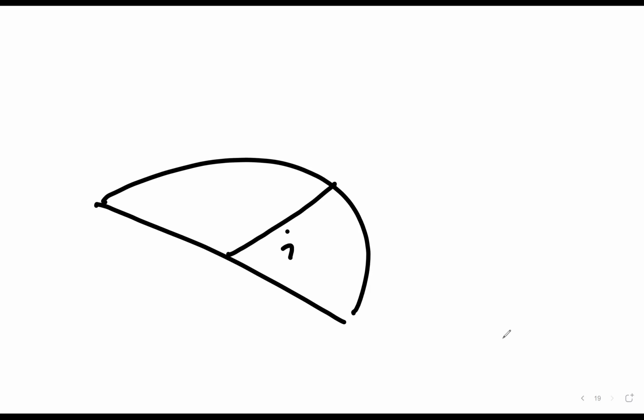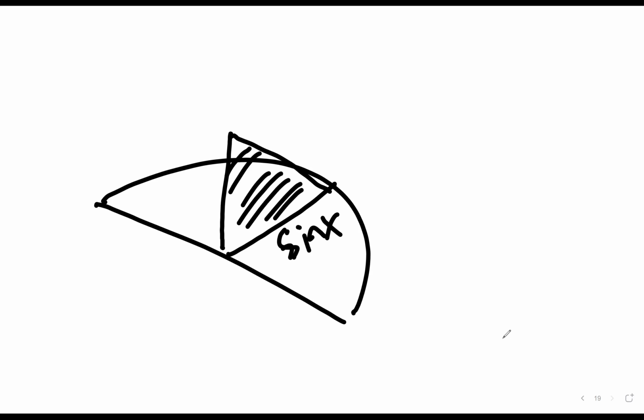So here is sine x, and the shape of the cross section is this equilateral triangle. Then we want to know the area of this triangle. So the base of the triangle is sine x, but we have to look for its height. So the height isn't sine x, but the sides are sine x. Yes.